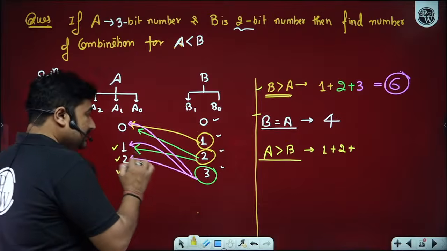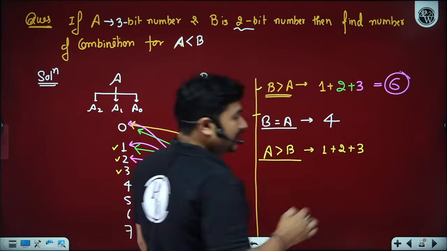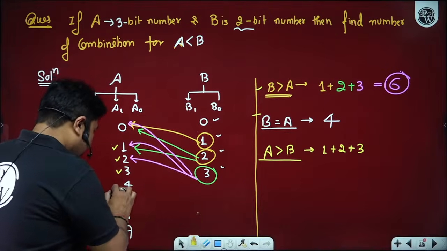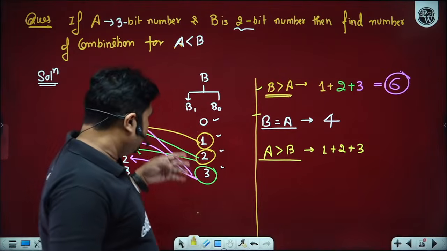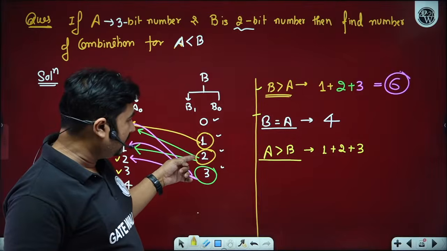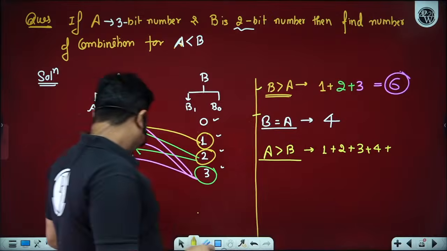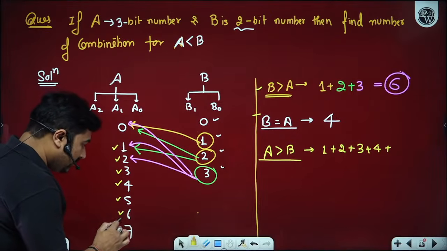If A is binary of 3, then B has binary of 0, 1, 2. If A is 4, then B has binary of 0, 1, 2, 3. So 4 combinations possible.